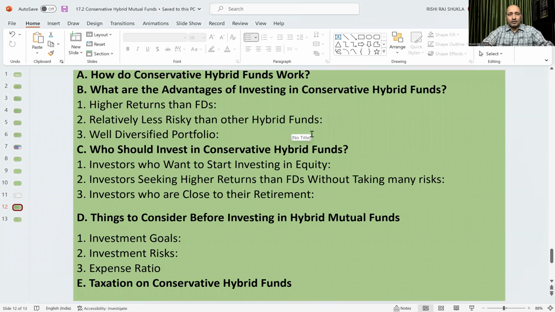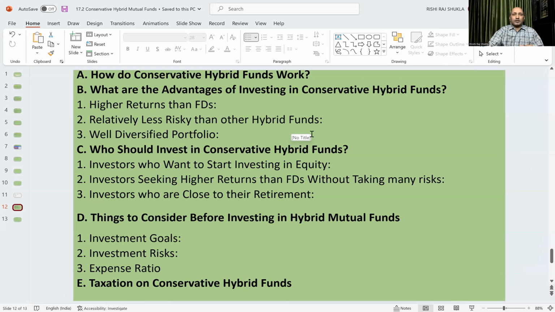So, how do conservative hybrid funds work? First topic is this. Before going to this, let us understand what a hybrid fund is. Hybrid funds are those funds where both equity and debt are mixed. There is some portion of debt and some portion of equity in different ratios, and accordingly they are named. In the case of conservative hybrid fund, as the name suggests, it is very conservative.